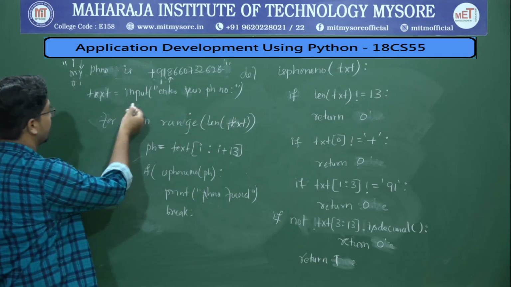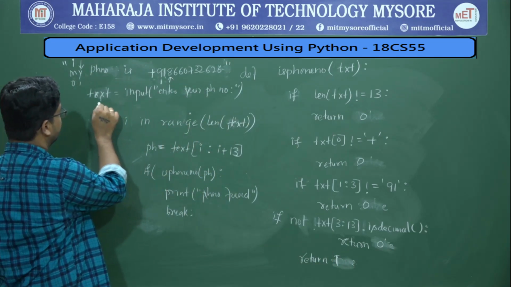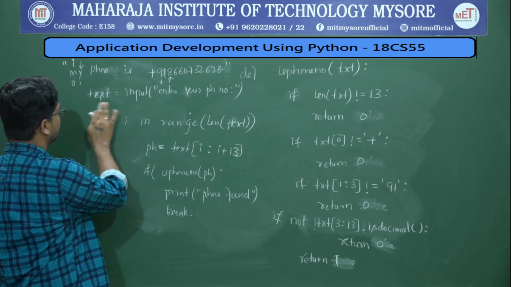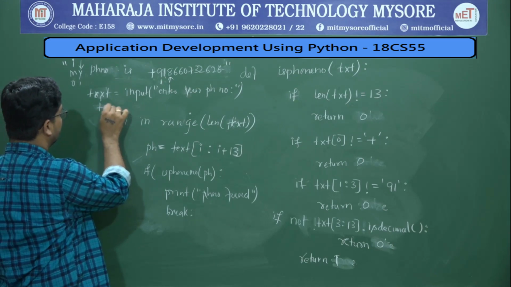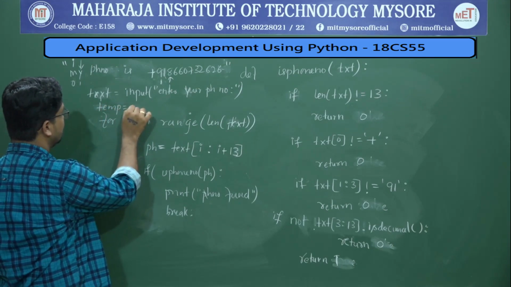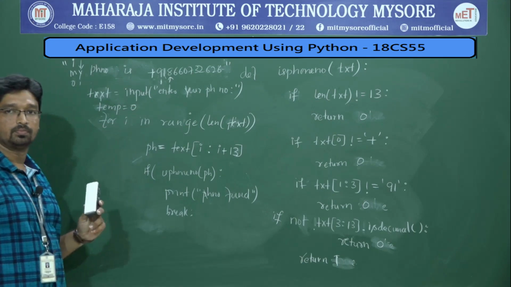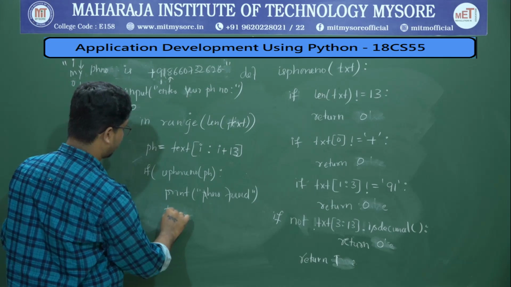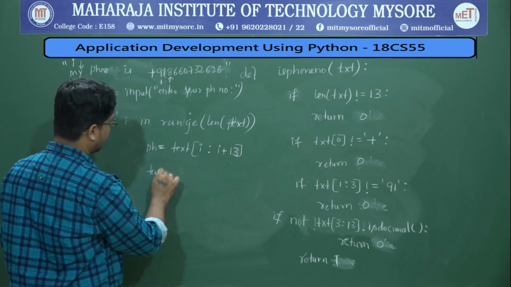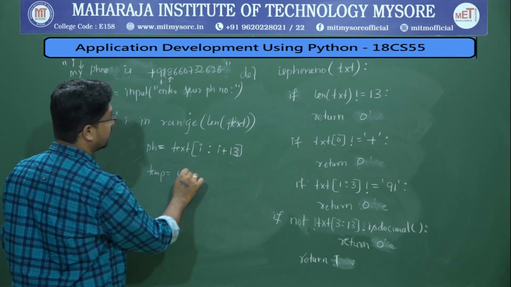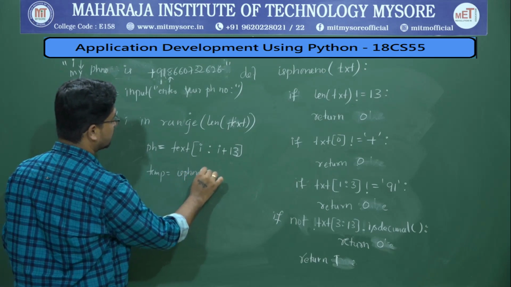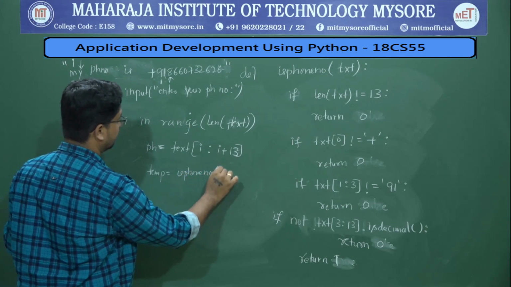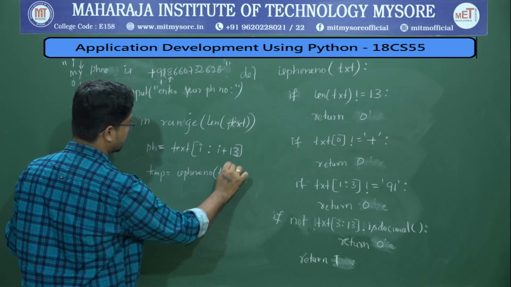So here you can consider a temp, initially 0, temp is 0. If the phone number is found, make temp equal to is phone number of PH.